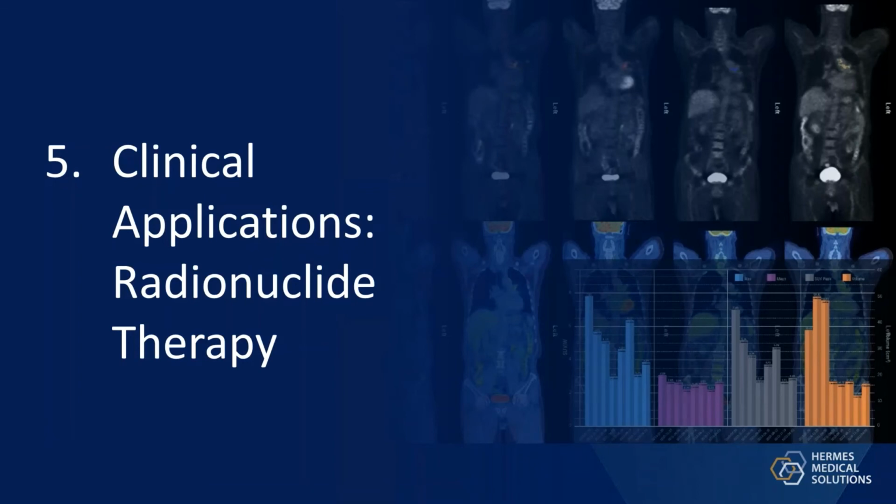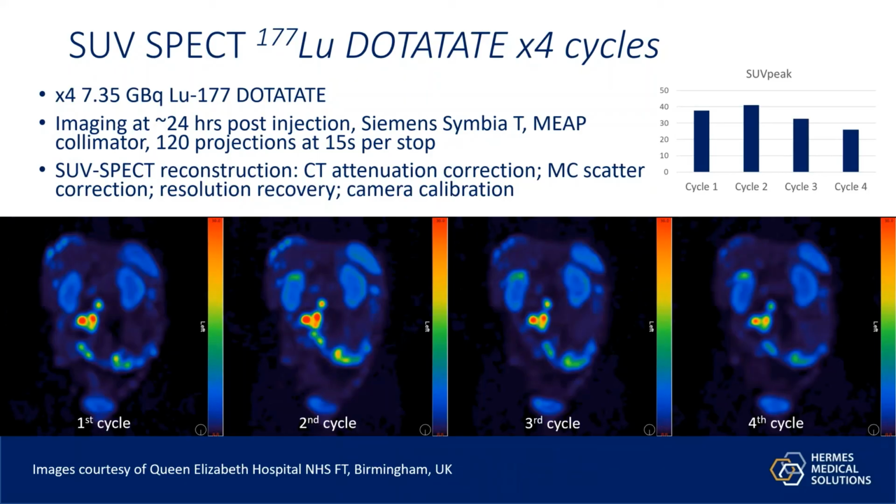Okay, so clinical application to radionuclide therapy. Thanks to the Curie Hospital in Birmingham for these images, we've got 4 cycles here of post-lutetium dotatate therapy images. Each of these images was acquired 1 day after the therapy was administered.